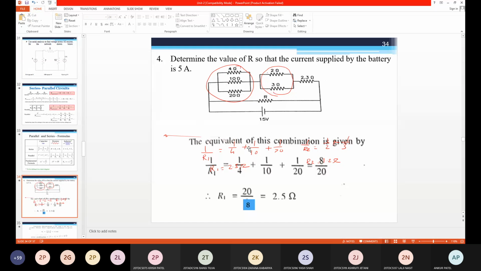Understood? Yes, sir. With proper rated voltage and current, your appliances will operate with full efficiency. But if you get low voltage and low current, obviously your 100-watt bulb will not be bright according to its rating.